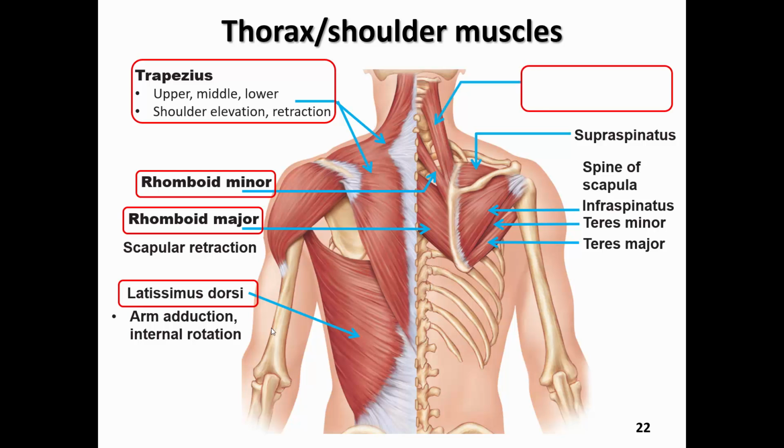On the right-hand side of this picture, we see the deeper muscles to the trapezius. Originating from the upper cervical vertebrae, the transverse processes, as well as the main portions of the vertebrae, is the levator scapulae.